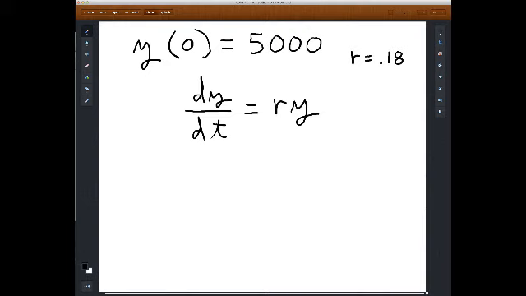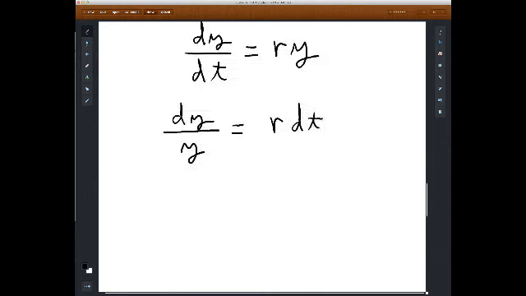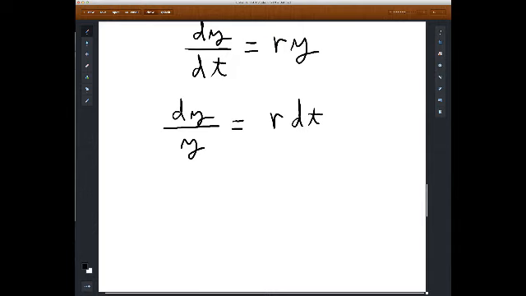Okay, so let's solve this here. We would rewrite this as dy over y is equal to r dt. Now, integrating both sides, the integral of this is the integral of this with respect to the respective variables.